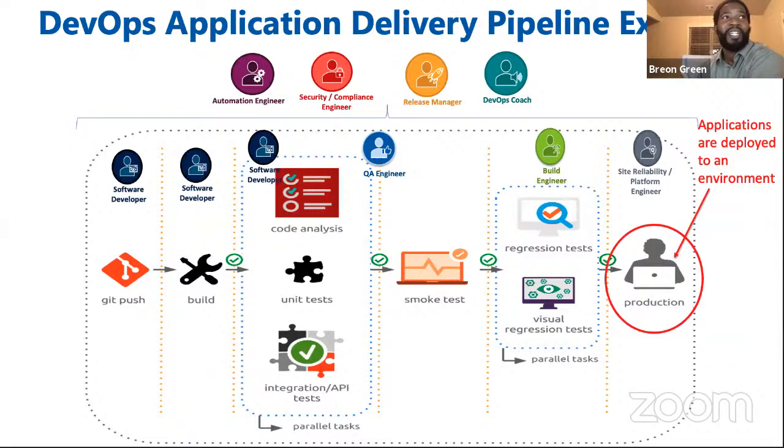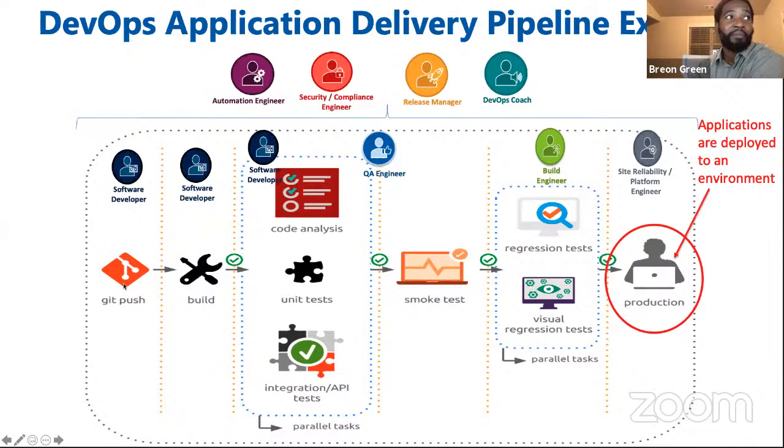All right, so here's an example of a DevOps application delivery pipeline. Hopefully you can notice here that the goal is to deploy an application to an environment. If you're using the previous slides where we talked through the DevOps roles, this is where some of those DevOps roles play into providing updates or providing work within that pipeline.